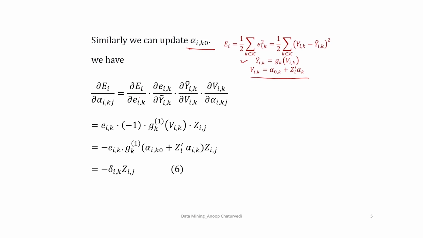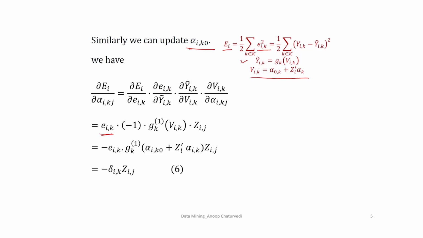Now, ∂E_i/∂e_ik you can obtain from here. If we differentiate E_i with respect to e_ik, then we get 2 times e_ik, and then you have a half here. So, ultimately you get small e_ik here, this term.